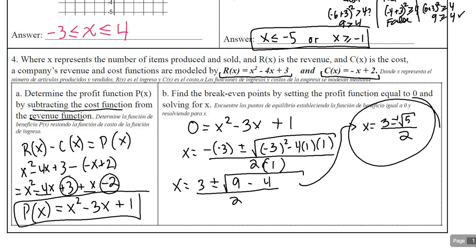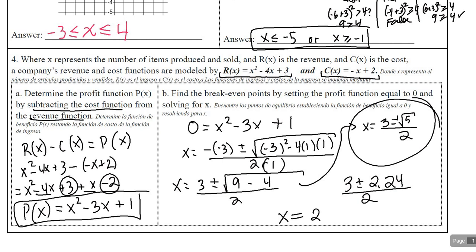I suppose we should find this in terms of money because we're talking about money. So let me do it in my calculator. 3, let's see, what's the square root of 5? 5 to the 0.5. That's 2.24. I'll use 2 decimals because it's money. So I need 3 plus or minus 2.24 all over 2, and I'll figure out what x can be. x is going to be equal to, let's do 3 plus 2.24, divide that by 2, 2.62.